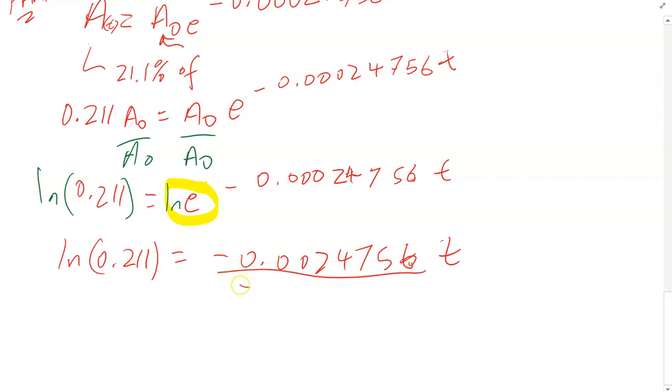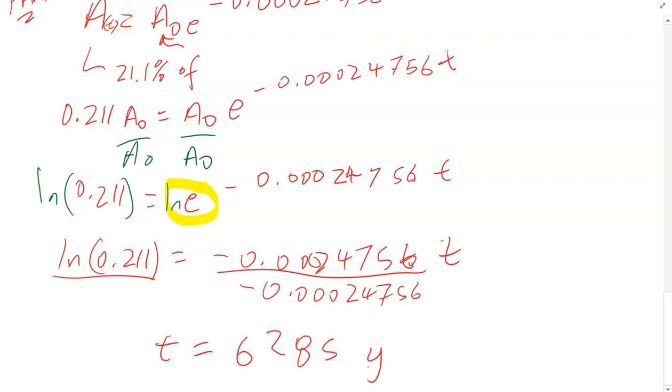And if we divide both sides by negative 0.000245756, we end up with t equals roughly 6285 years. And that would be our final answer. Okay, there we go.